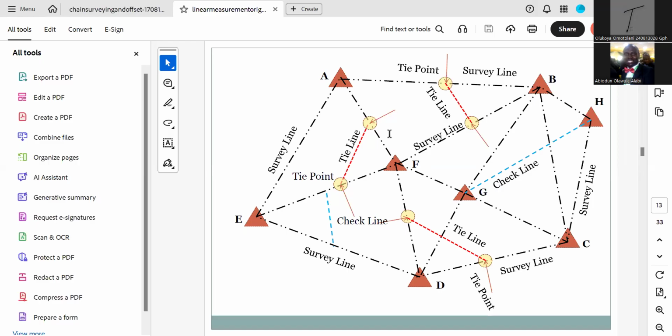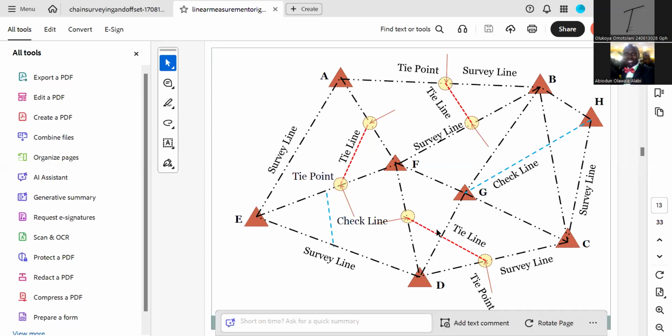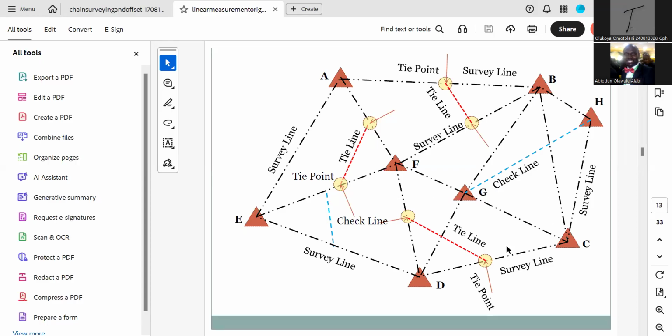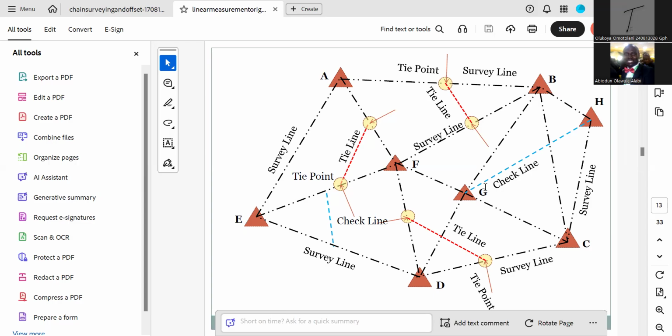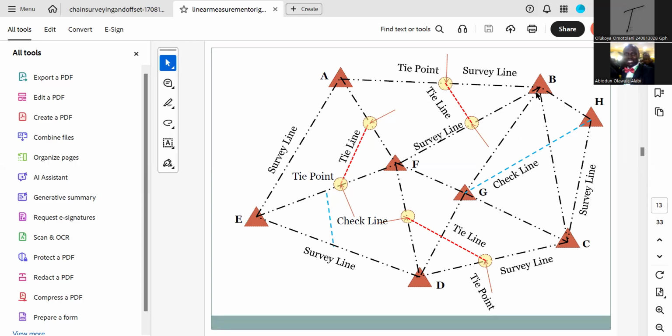So this line now is not a check line because it's not on any side of a triangle. I hope you are following my explanation. So this line now, from G to B, is it a check line? Line G to B.